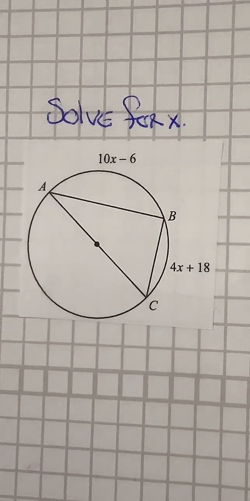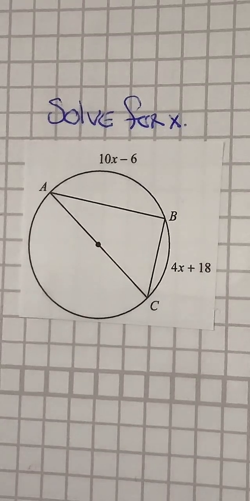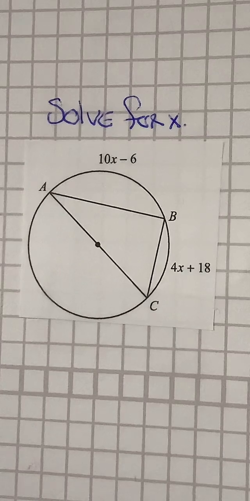We're just doing arc measure. Arc length and arc measure, two separate worlds. No, they're not going to be equal to each other, because they're not vertical angles. But there are little bits and pieces, little mini clues. Angle B is an inscribed angle.